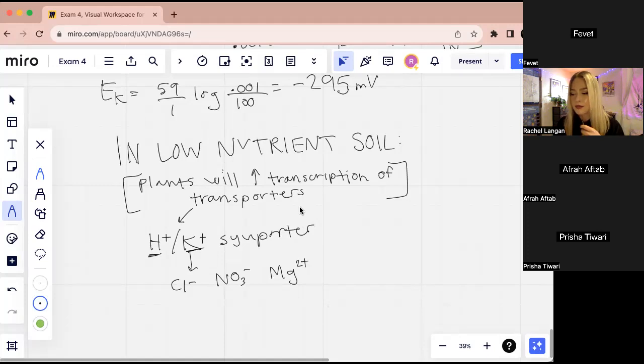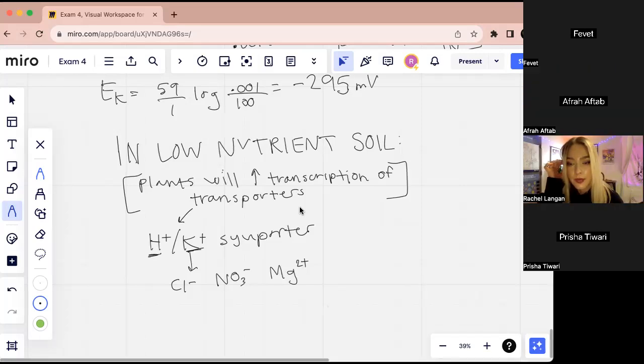Yeah, question. Yeah, I had a question about making those symporters. So even if you do have a lot of co-transporters available, wouldn't it not matter because the electrochemical gradient of potassium is still against whatever the symporter is trying to do?